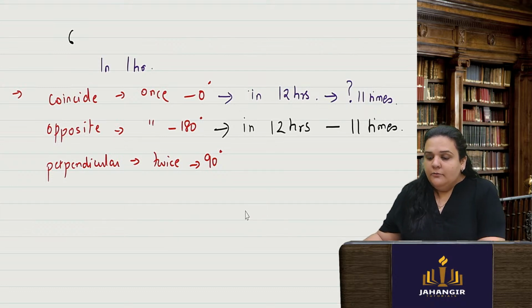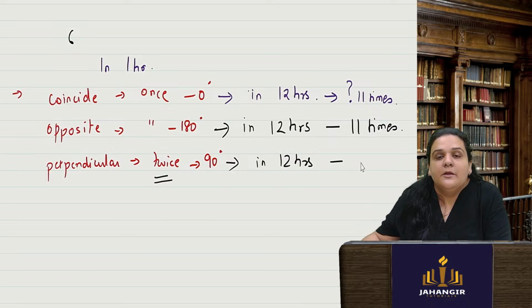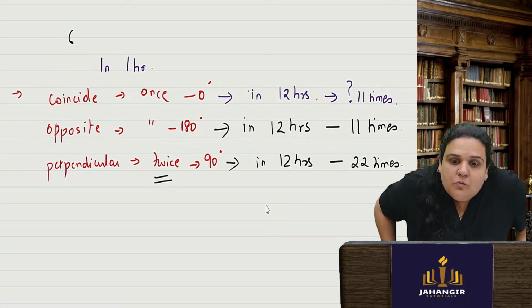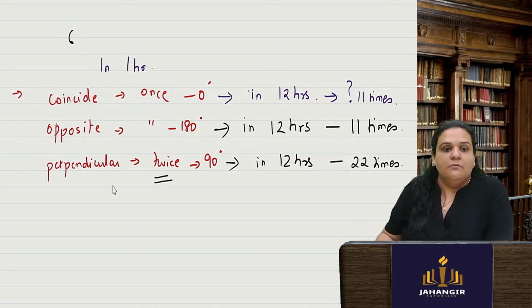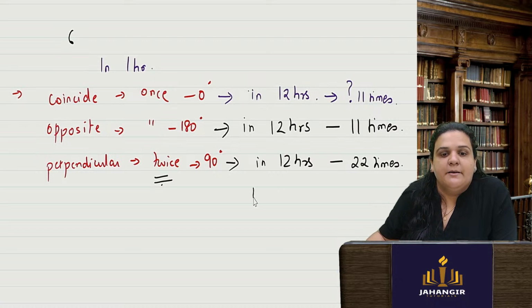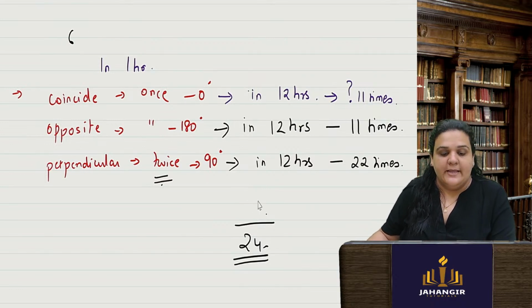Now same thing for the perpendicular: it is twice in 1 hour, but in 12 hours it is going to be only 22 times, and not 24 times. It is twice, no? So you will say, ma'am, 12 into 2, you do, so you will get 24. No, it will be only 22 times. 2 times it will be less.